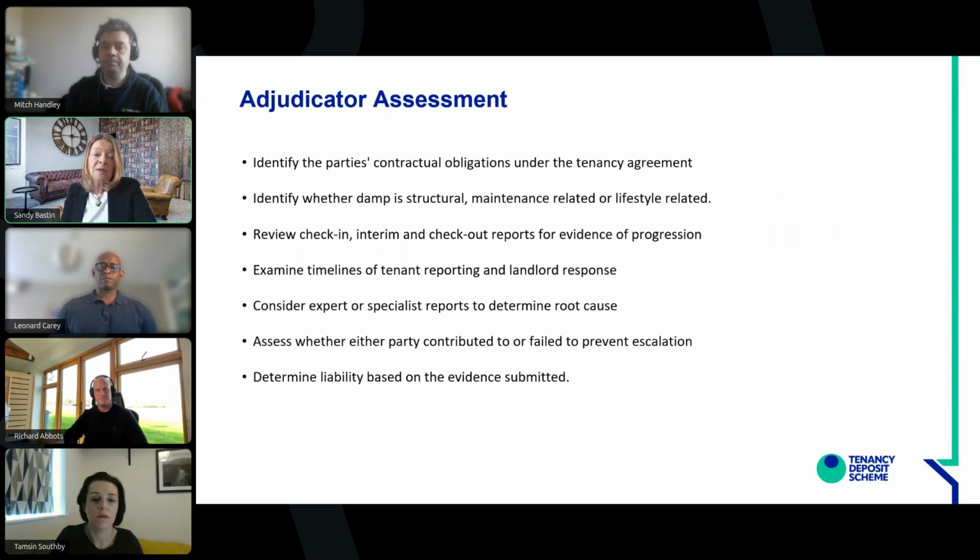And they will also be looking for those timelines of tenant reporting and landlord's response. And then they will consider expert or specialist reports to determine the root cause and assess whether either party contributed to or failed to prevent escalation. And on that basis, they will determine a likely award based on the evidence submitted.